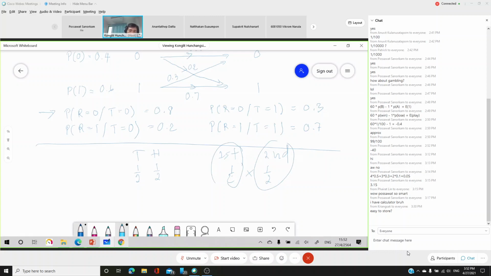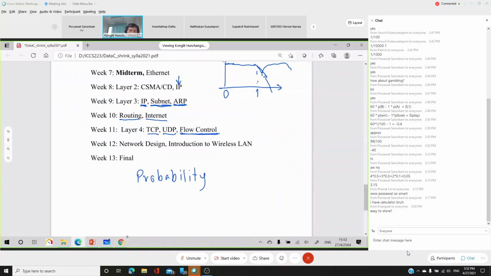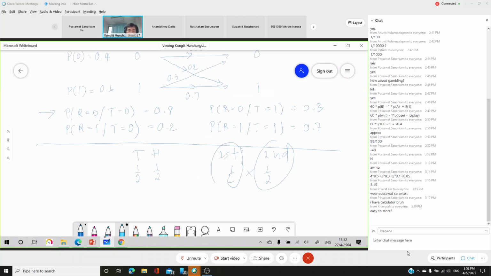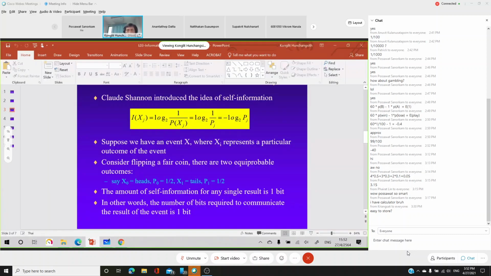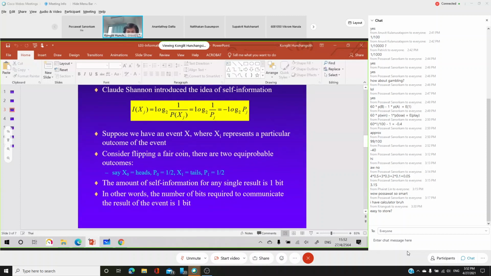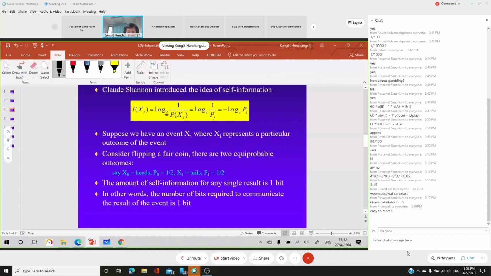So the one thing about log is that it makes multiplication become summation. So that's why we use log, and the self-information is going to be log base 2 of 1 over that symbol's probability. We can write it in a short way like that, log base 2 of 1 over p.